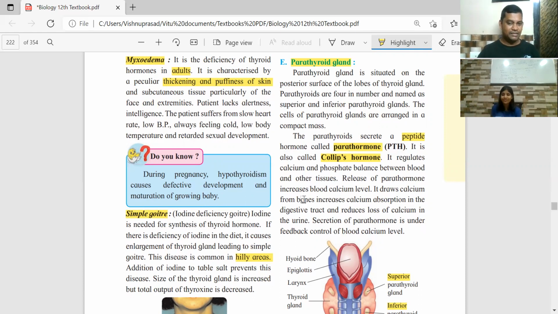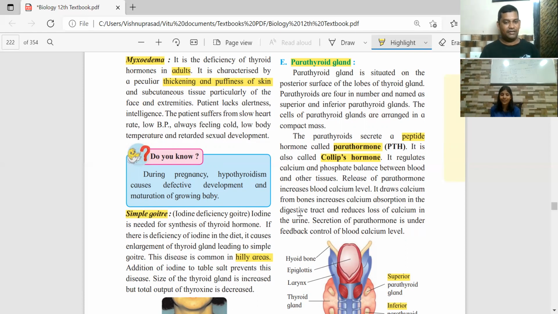So it draws calcium from the bones and also increases calcium absorption in the digestive tract. When food passes through the digestive tract, if there is calcium in the diet you have consumed, calcium absorption from the intestines will increase so that the blood gets more calcium.